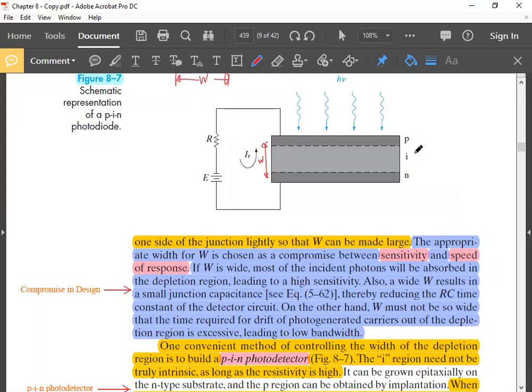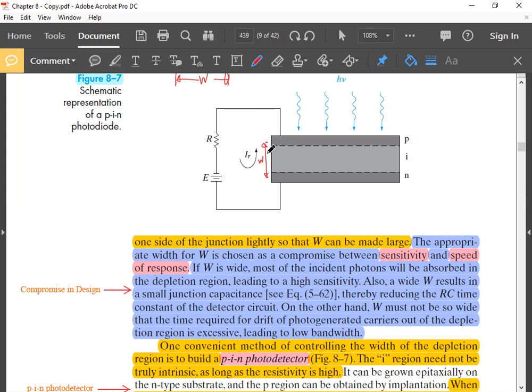This has higher resistivity, since the carrier concentration in the intrinsic material is smaller than in P or N. So most of the voltage applied here will appear across this high resistivity I layer.